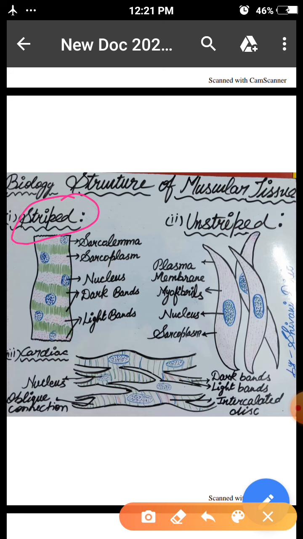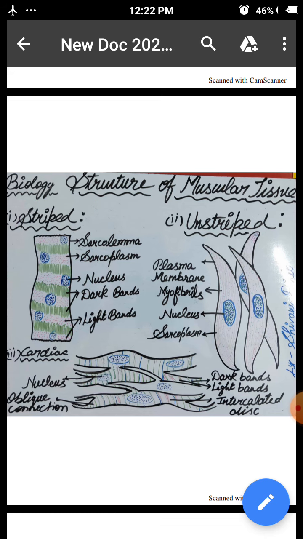Striped muscle contains sarcolemma, that is the outer layer of that tissue, and inside that the fluid is present, that is called sarcoplasm. These striped tissues also contain a nucleus, and two types of bands are there, known as dark bands and light bands. This is the striped or voluntary muscle fiber.